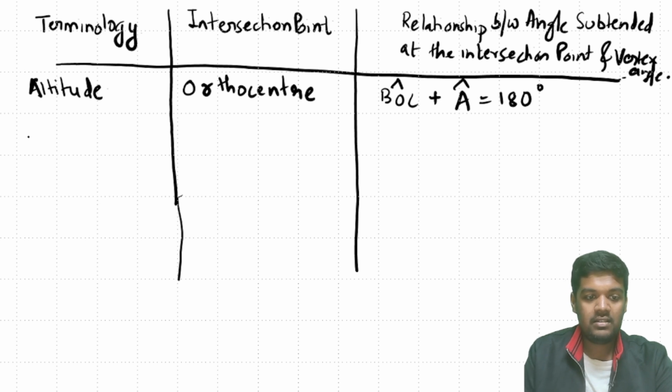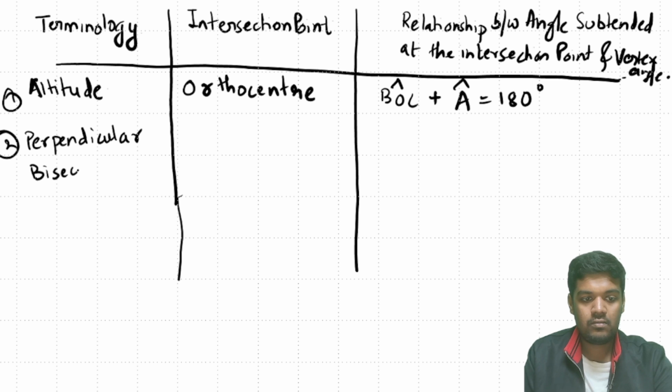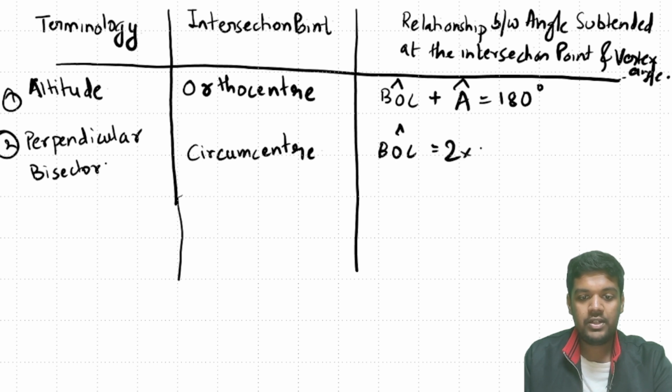Next क्या था हमारा? Perpendicular bisector. Perpendicular bisector में क्या था? They meet at circumcentre. Circumcentre का क्या relation था? Angle BOC equals 2 into the vertex angle.